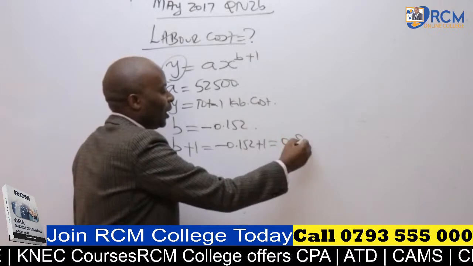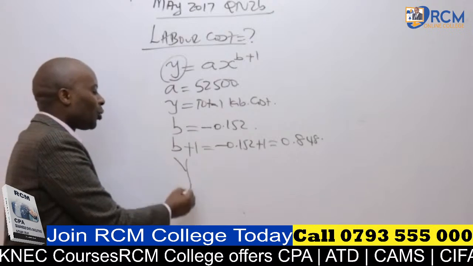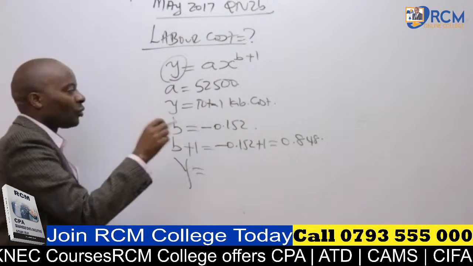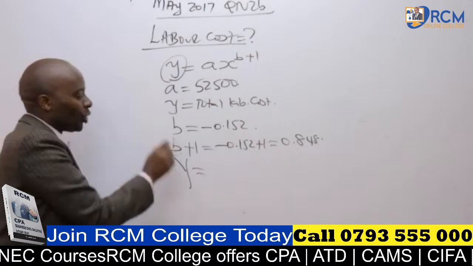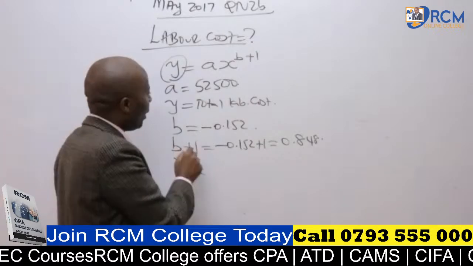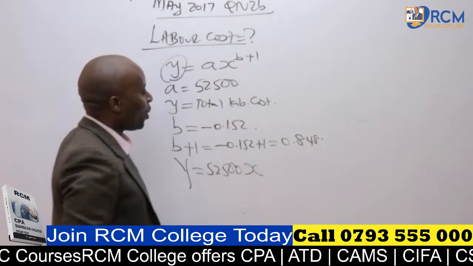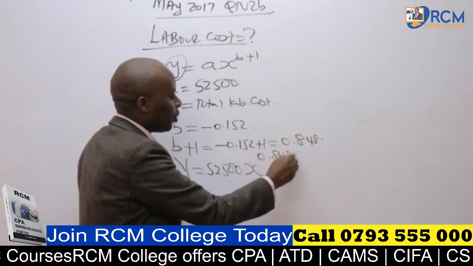Now the only thing that I need to do is to plug in the figures of A and B plus 1 into the equation to get the learning curve model. So we have our Y being equal to 52,500 X raised to 0.848.